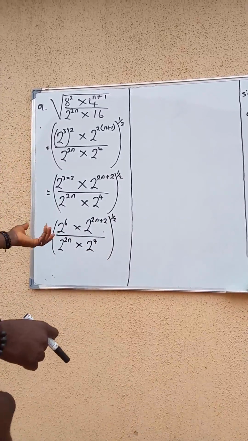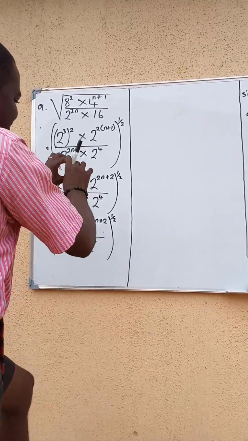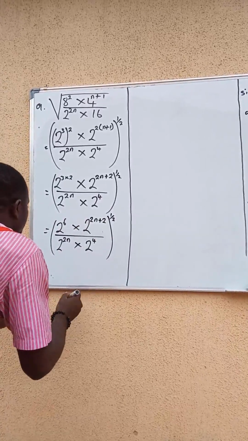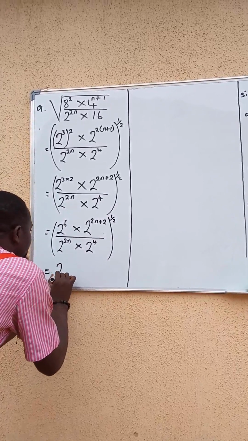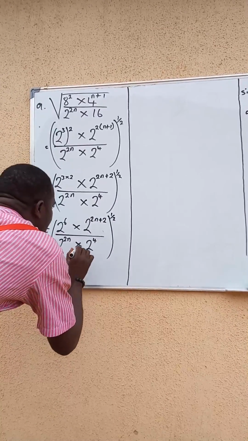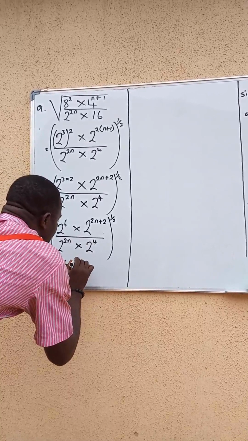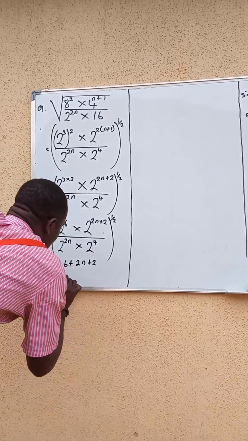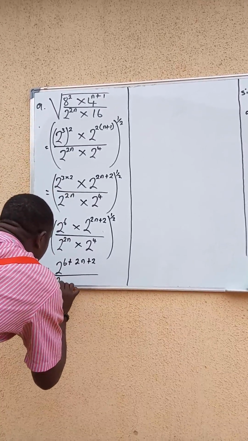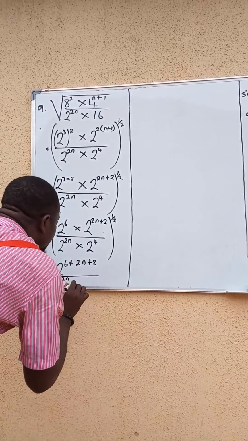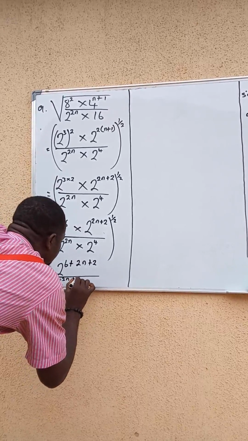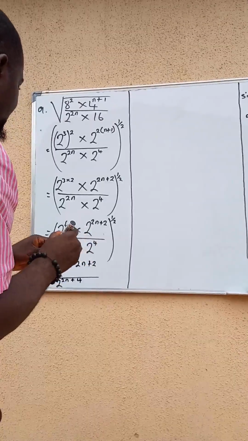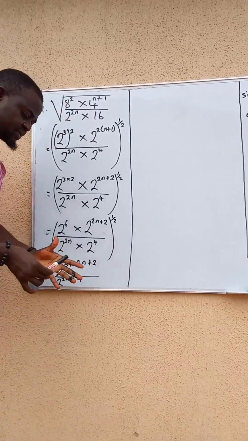Now, let me collect the like terms at the index, what I'm talking of is powers. This is the same thing as 2 raised to the power of 6 plus 2n plus 2, over 2 raised to the power of 2n plus 4.